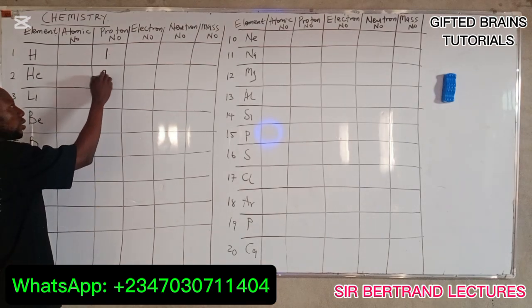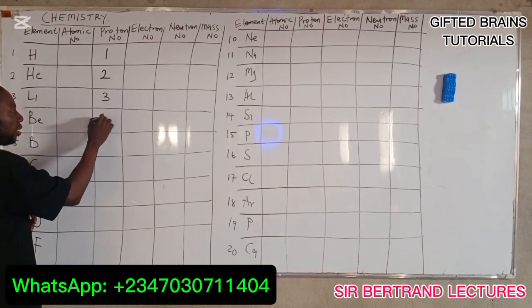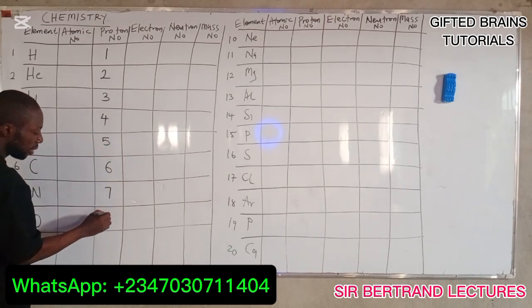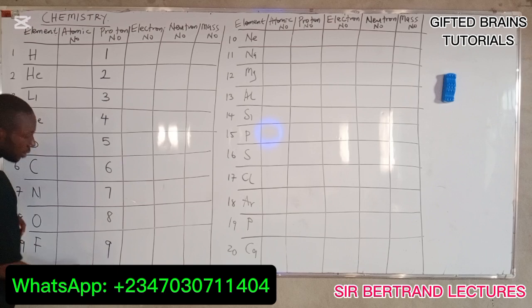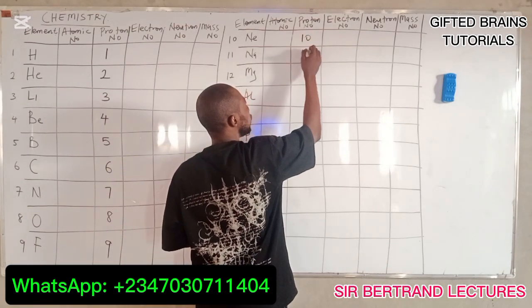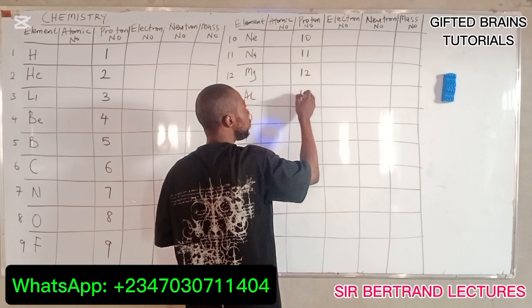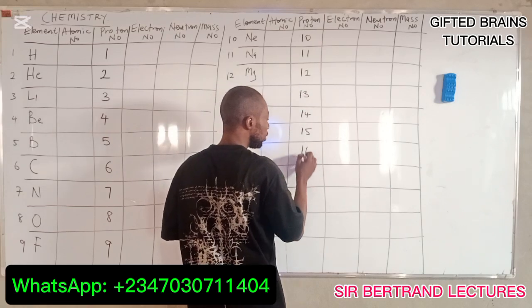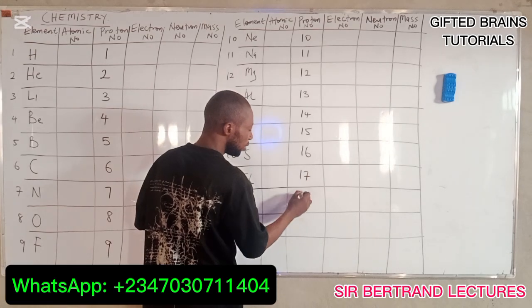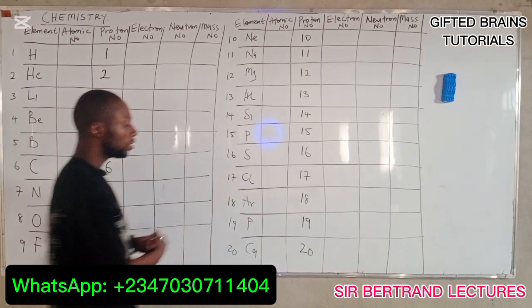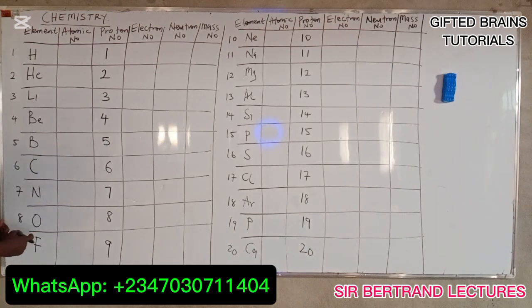Here is 1, 2, 3, 4, 5, 6, 7, 8, 9, 10, 11, 12, 13, 14, 15, 16, 17, 18, 19, and 20. All right?